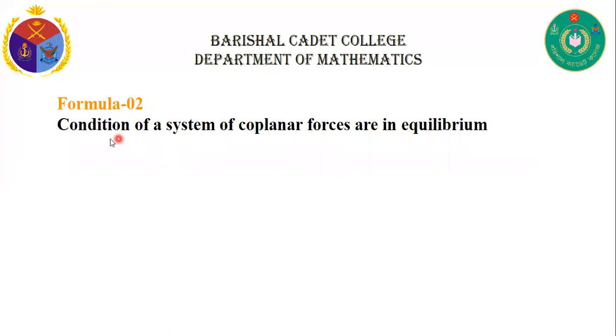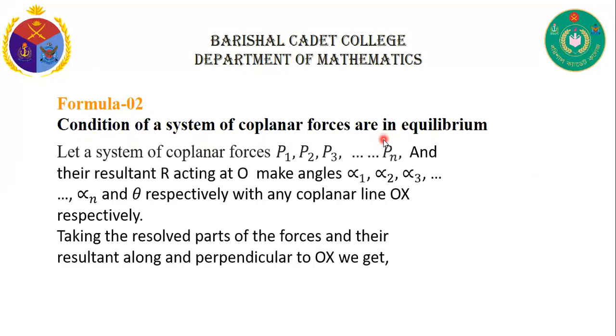So, formula 2: condition of a system of coplanar forces in equilibrium. Let a system of coplanar forces P1, P2, P3, ..., Pn and their resultant R act at O and make angles alpha 1, alpha 2, alpha 3, ..., alpha n, and theta.